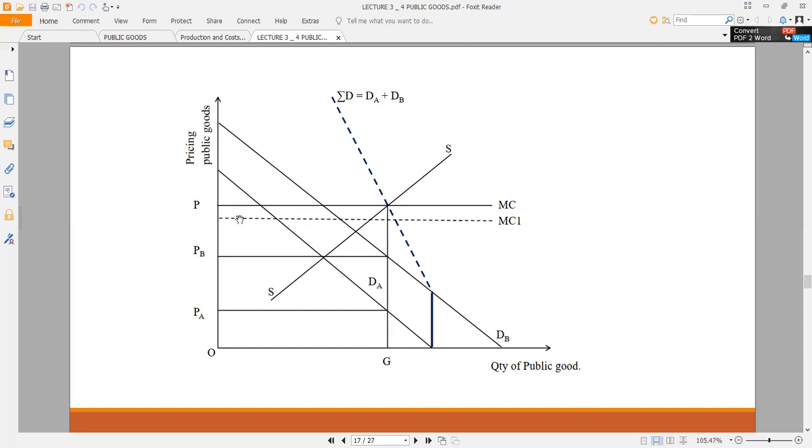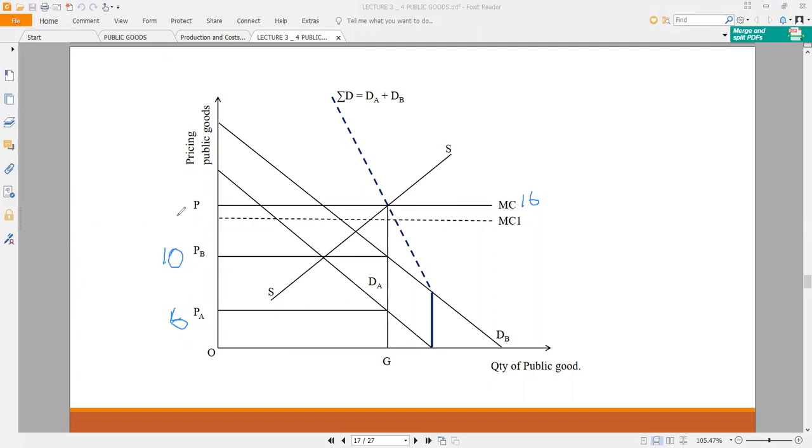It's possible that when you add, assuming this is the marginal cost of producing that good, like the example that we saw, let's take this marginal cost to be 16. Assuming Bob is willing to pay 4, and then okay, I think the one that we did, he was willing to pay 6. So let's take 6, and then Andy was willing to pay 10.